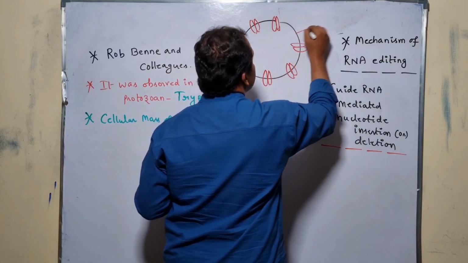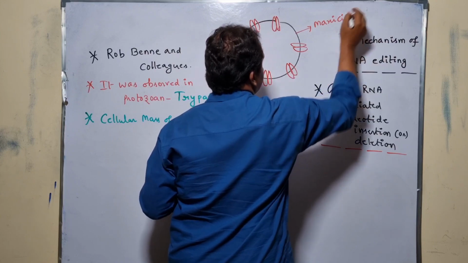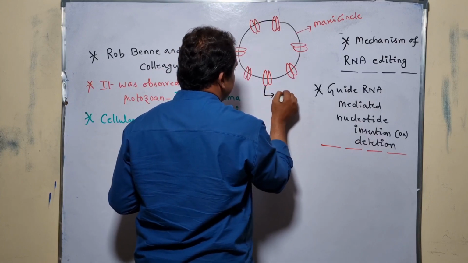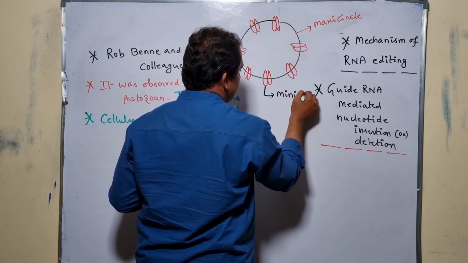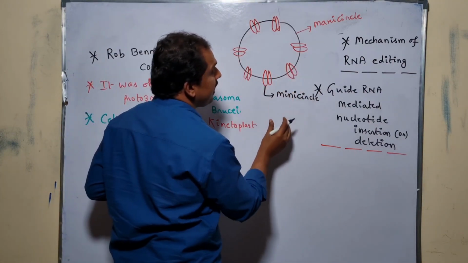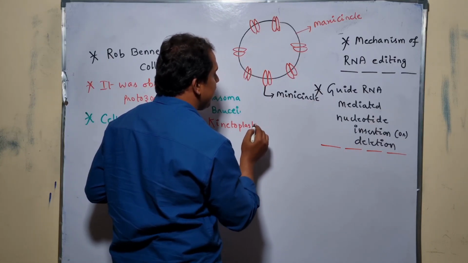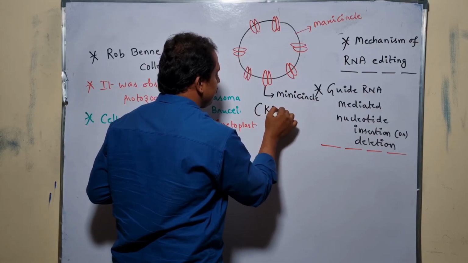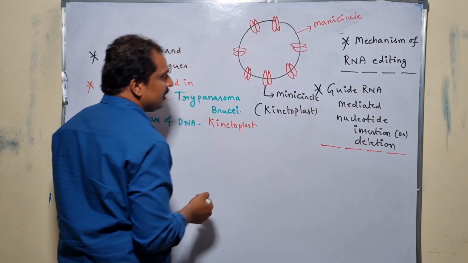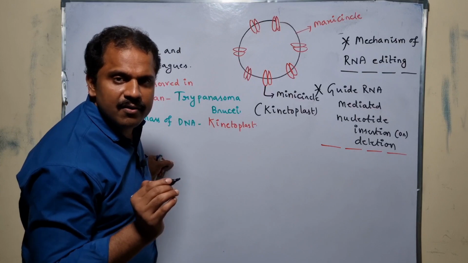So here it is nothing but the maxi circle, right? And here it is nothing but the mini circle. Is it clear? So here once the maxi circle and mini circle undergo aggregation, it leads to the formation of kinetoplast. So here within the maxi circle and mini circle there is an availability of 30 mitochondrial genes.